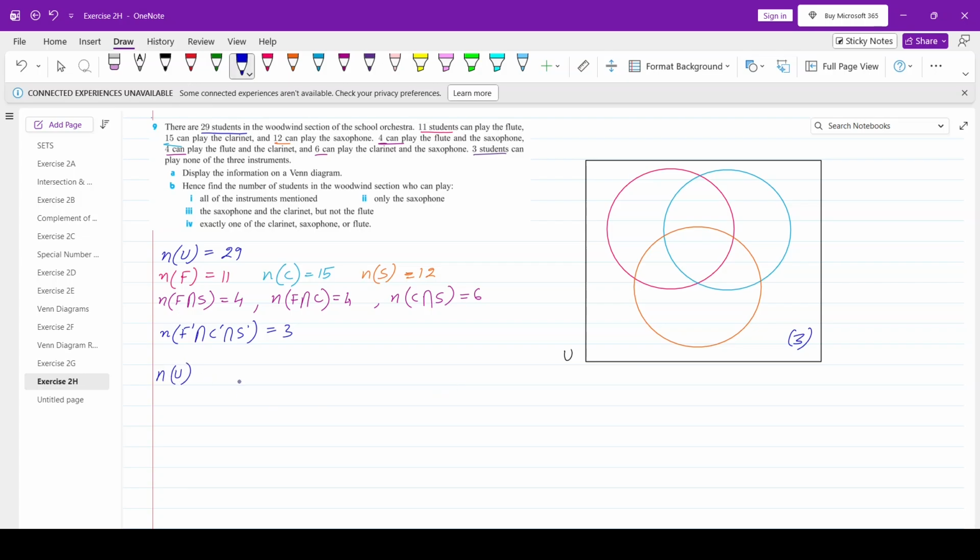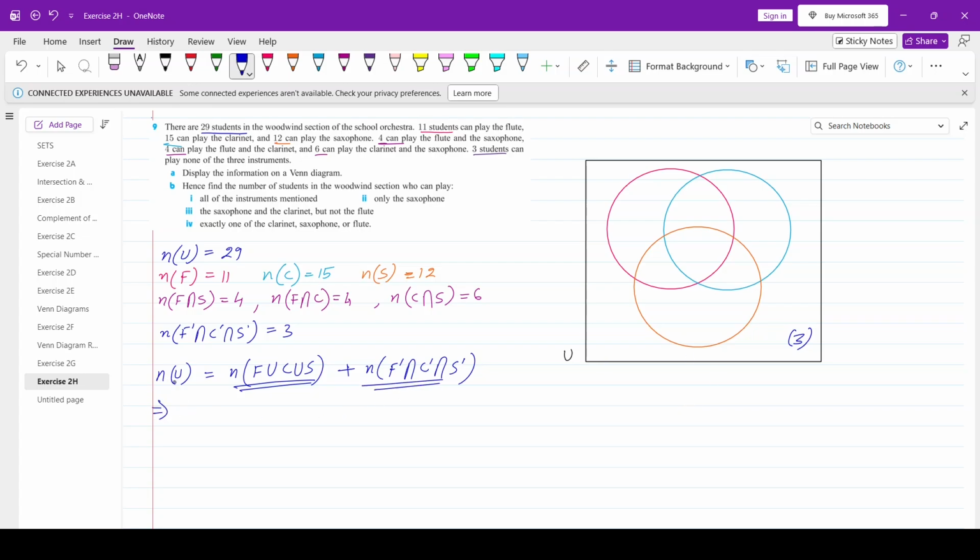The number of elements in the universal set is equal to the number of elements in F union C union S plus the number of elements in F prime intersection C prime intersection S prime. What does this mean? This means that the total number of students in this universal set is going to be the number of students in this region, which is called the union of all three, plus the number of students who play none of the instruments, which is this part.